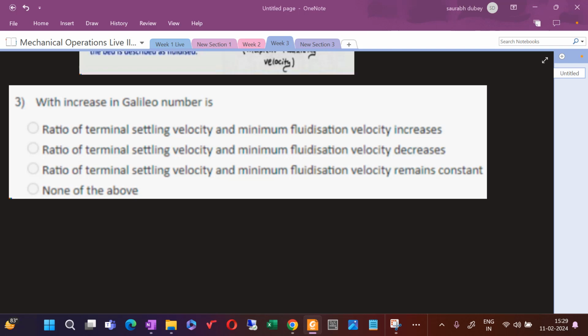As the Galileo number is being increased, what is happening to the ratio of terminal settling velocity and minimum fluidization velocity?